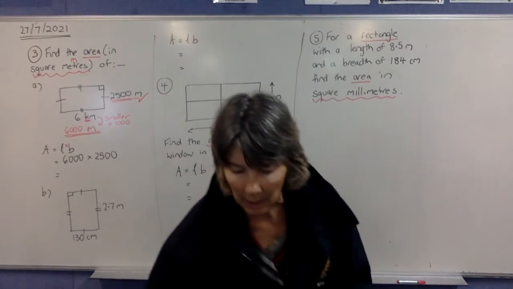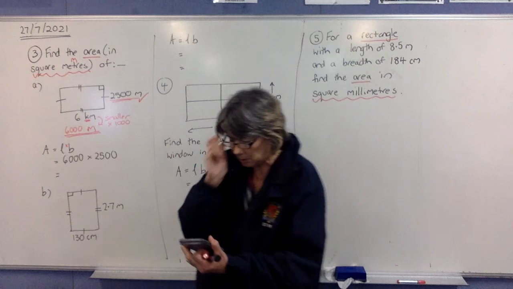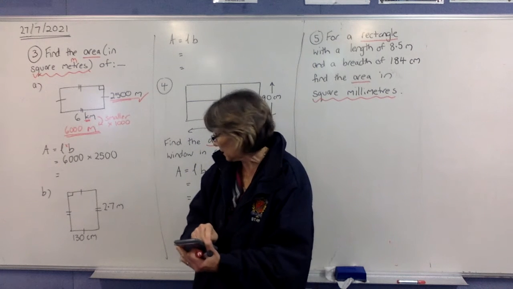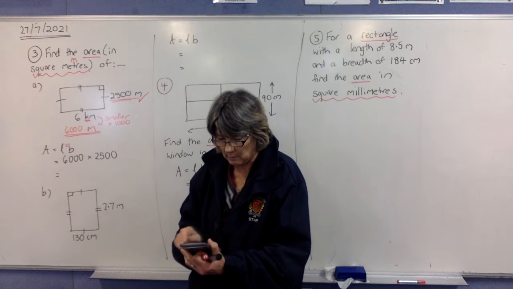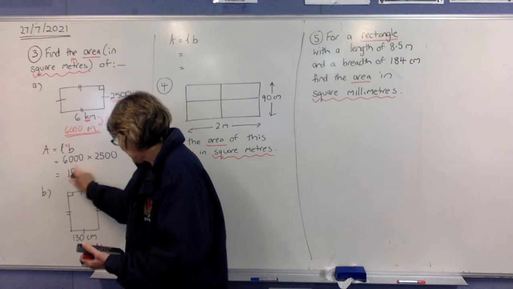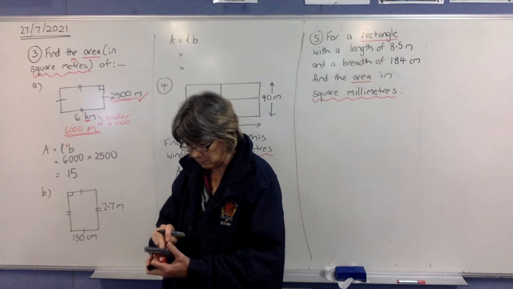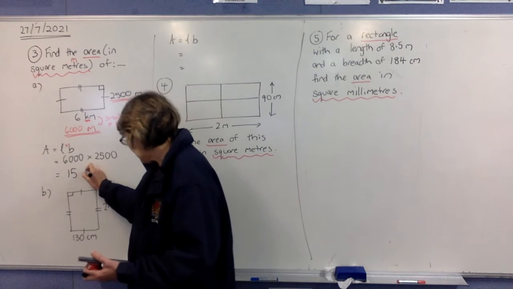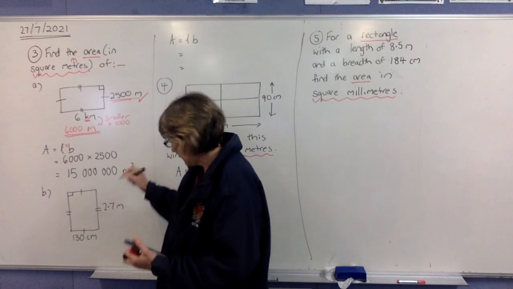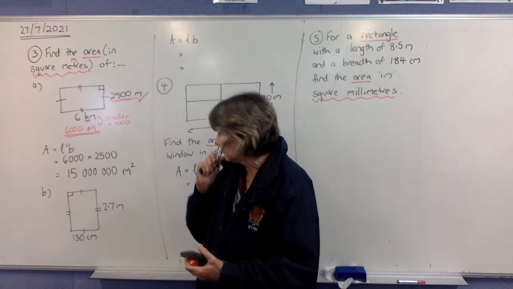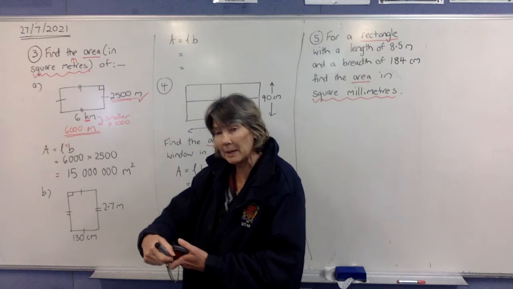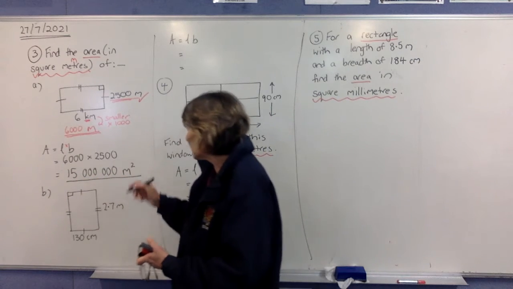So then we get our calculator and just type that in. 6,000 times 2,500, and you get 1, 5, and count up all those zeros. 6 zeros. And write metres squared on your answer. So that's that one finished. The question we changed to make sure they're both in metres. We've got to answer in metres squared.